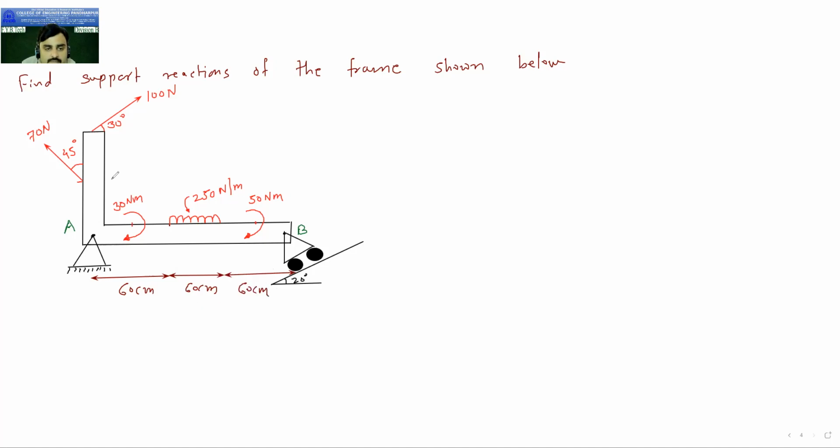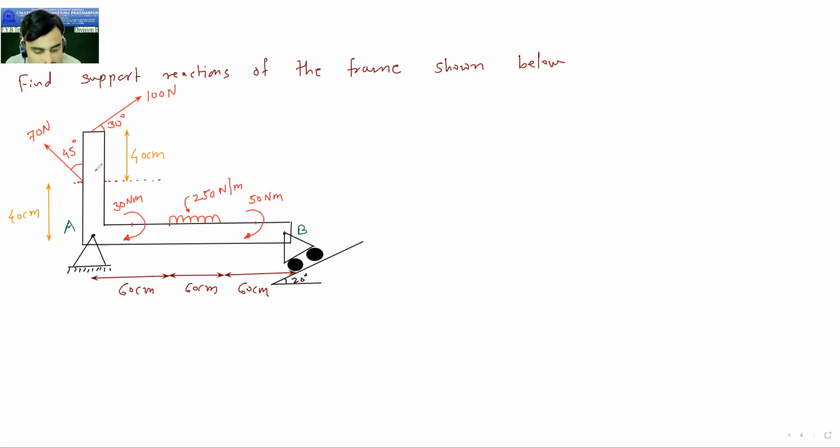For vertical height, so if this load is given over here, then the vertical distances are, see, this vertical distance from this point to this point is 40 centimeter, and again from here to here it is again 40 centimeter.